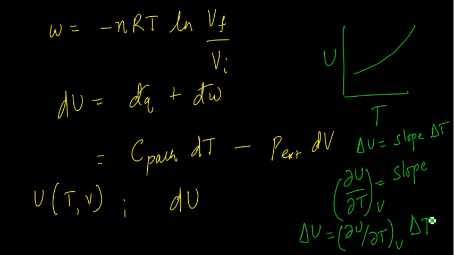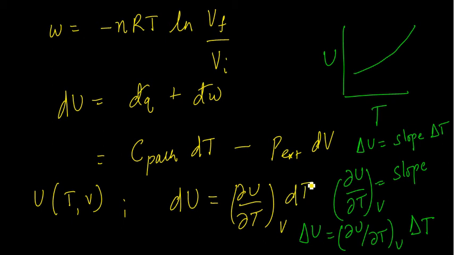And now I say, okay, I want very small increments. So to be very, very precise, I would write dU is equal to del U by del T at constant V times dT, right?